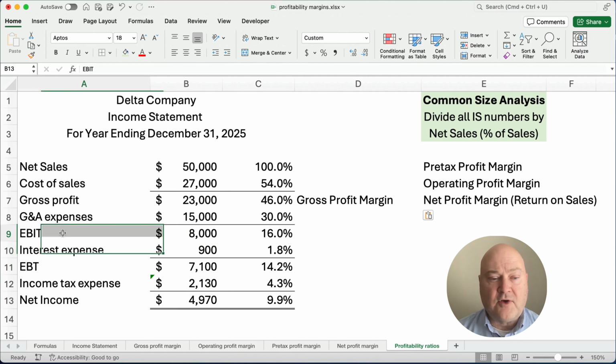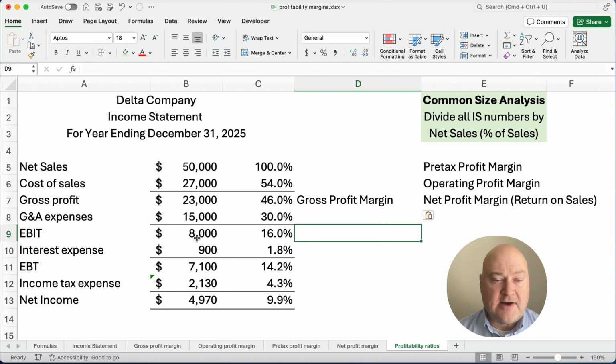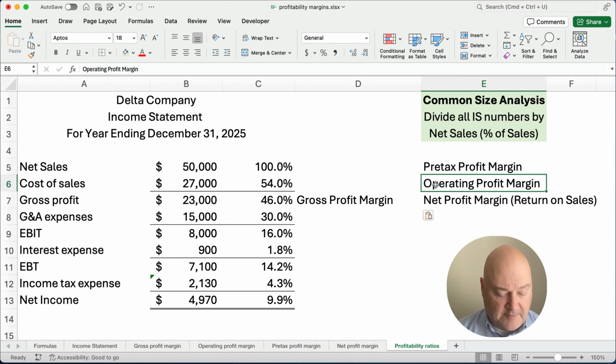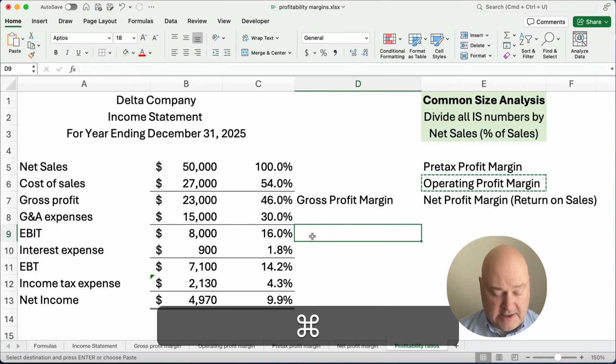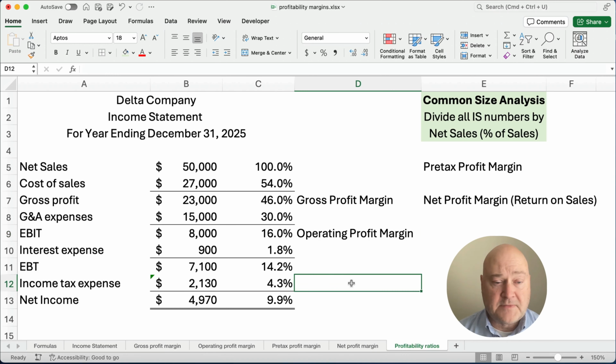That number is also called operating profit or operating income. So what right here, 8,000 divided by 50,000, 16% is going to be what profit margin? Well, this is operating profit margin, so we're going to label it here, operating profit margin.